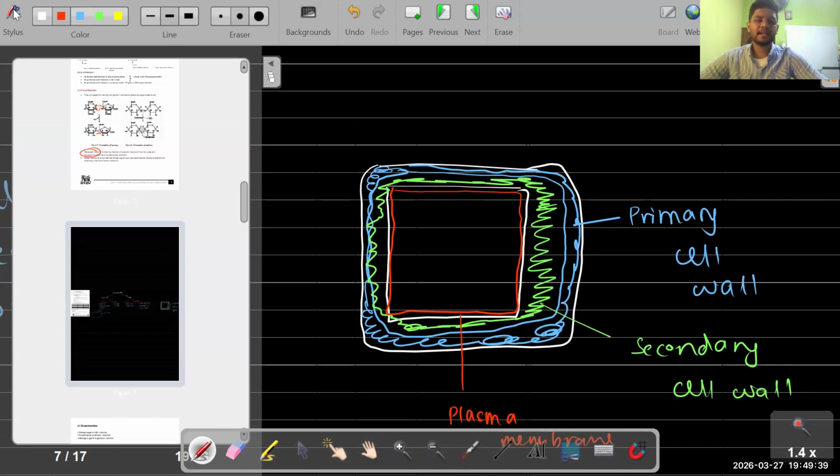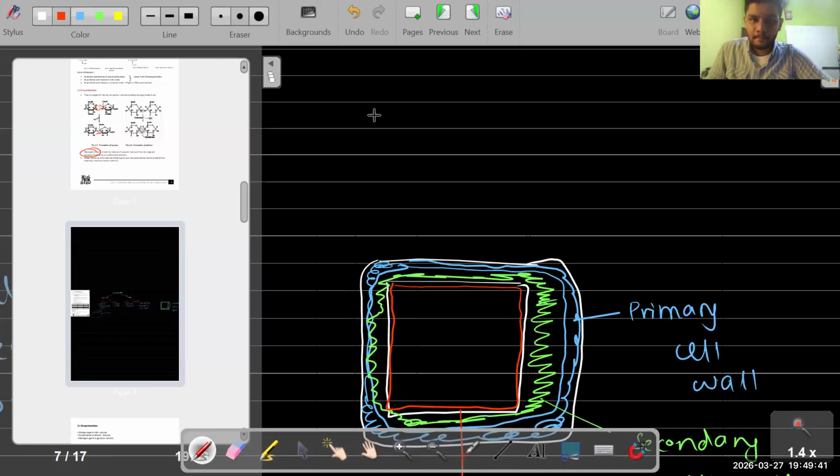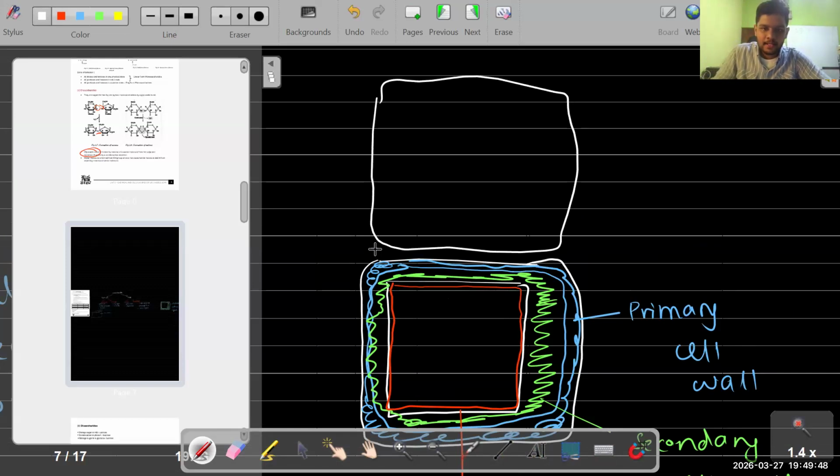Right. Now this is one cell. Now I'm taking another cell. Now if you take another cell, the gluing agent, see the word I'm using, the gluing agent, which joins the cells. This is called a gluing agent. Glue means glue, normally the glue we use to paste something. This gluing agent is called middle lamella.